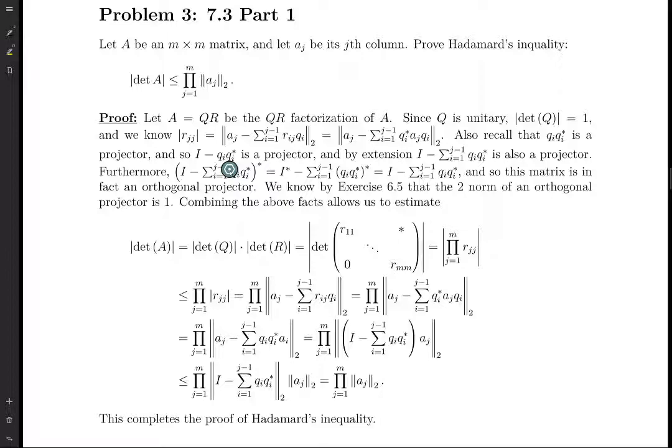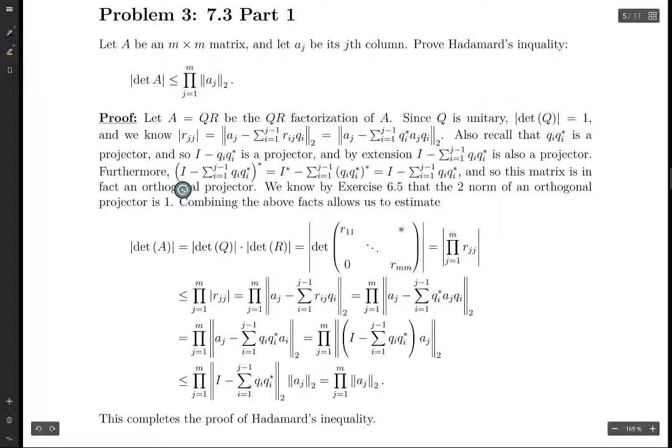Then subtract Q3 star, you get a projector. And you keep going until you get this sum, and you know that this is a projector. You could prove this through induction if you wanted to, but it's straightforward enough that it should be clear.